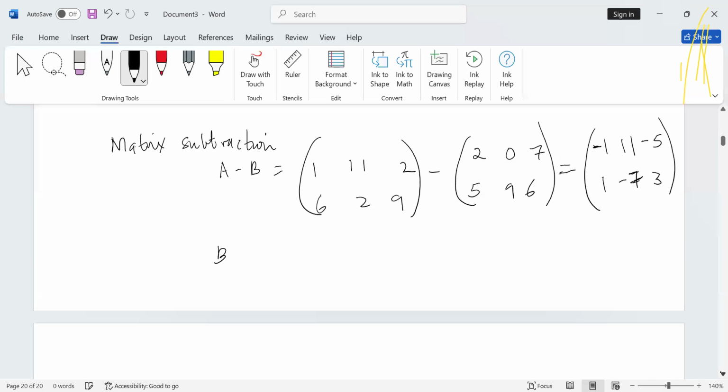B minus A. Can you get B minus A? The same way.